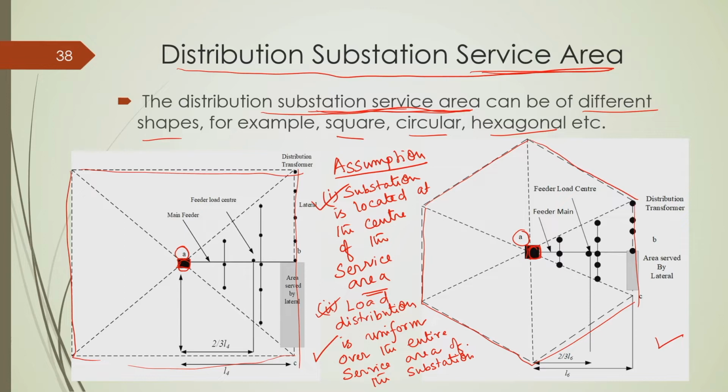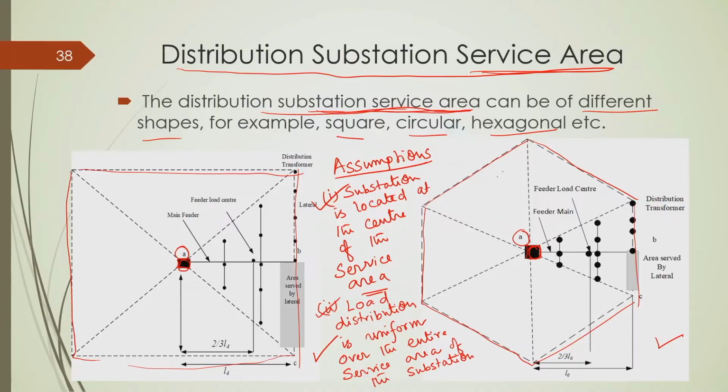So, these are the two assumptions. Based upon these two assumptions, we will analyze the performance of two different types of feeders. One is located in a square shaped service area, another is located in a hexagonal shaped service area.